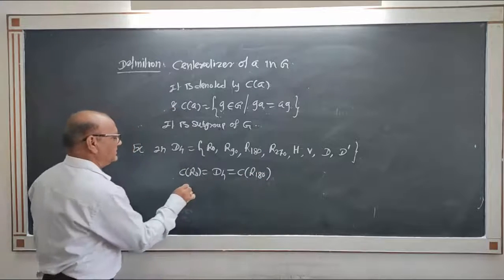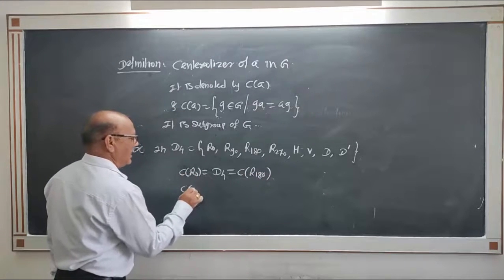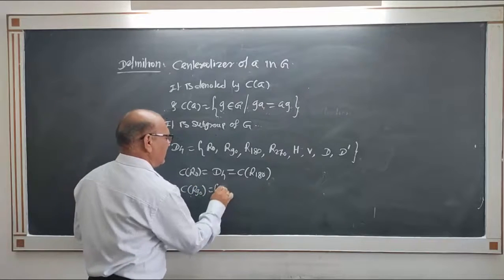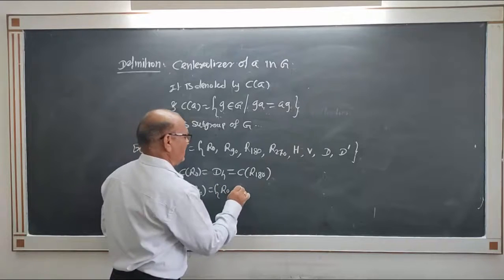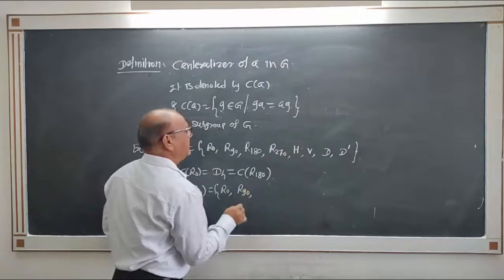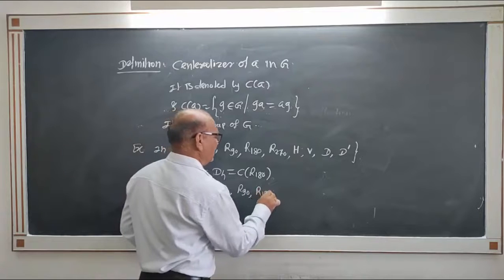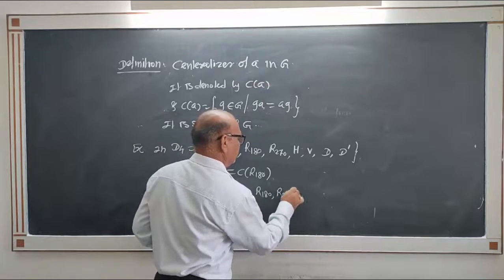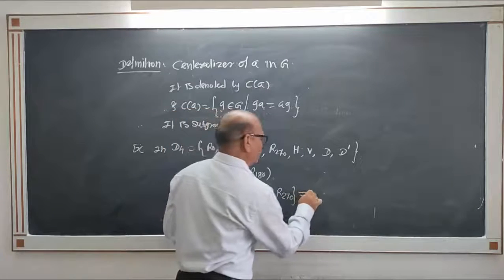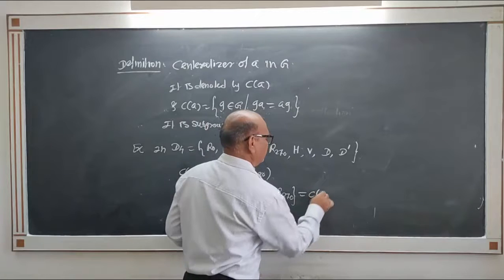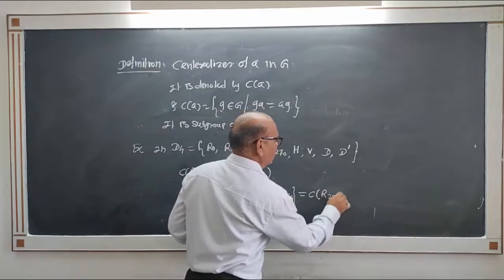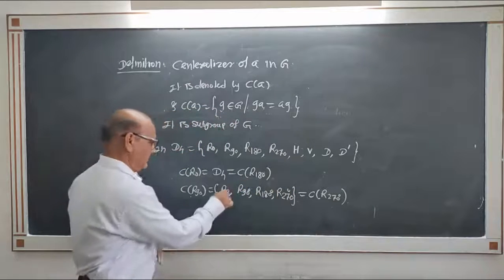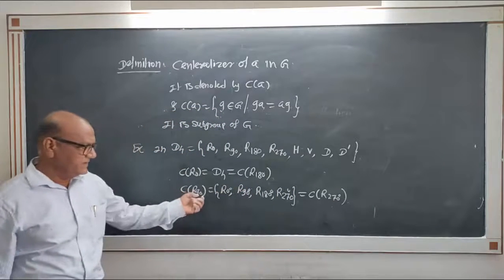Now C of R90 contains R0, R90, R180, and R270. This set is also equal to C of R270 degree.